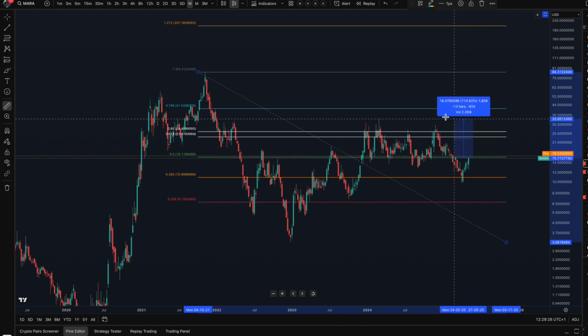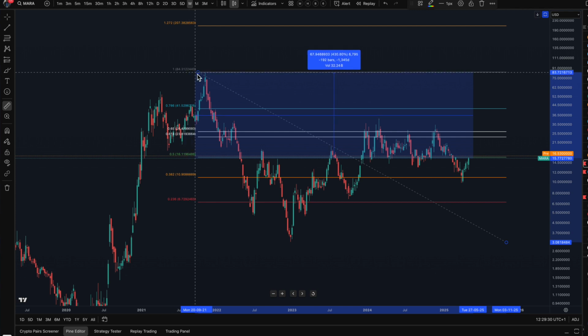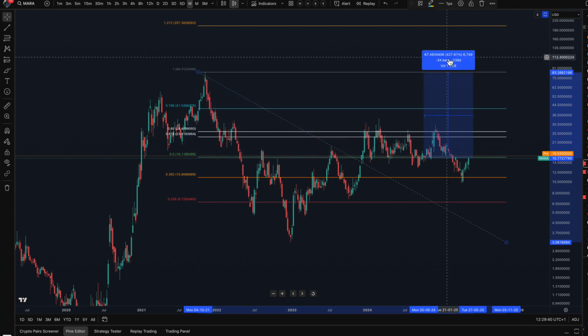So from there onwards, just to get back to its previous high of $83, that would represent a potential 427% from where it is currently.